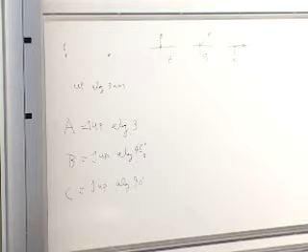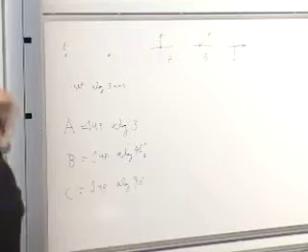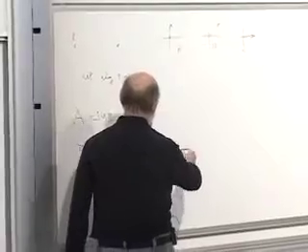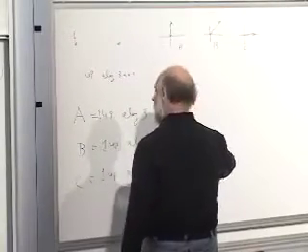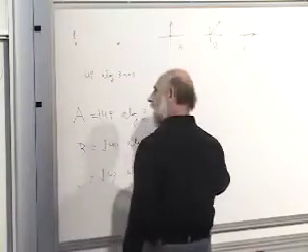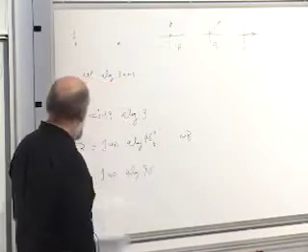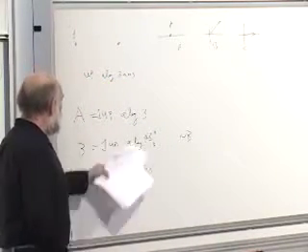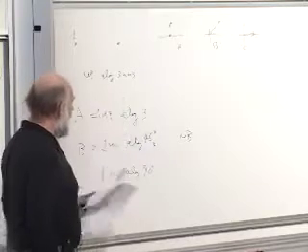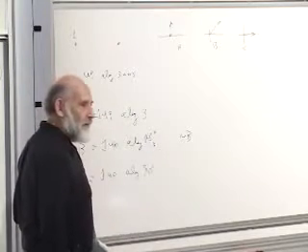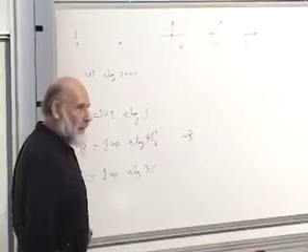Okay. Now, what about not B? Well, first of all, let's take not A. I don't think we need not A for anything. We will need not B. Not B says that spin 1 does not lie up along the 45-degree axis. It says it's down along the 45-degree axis.